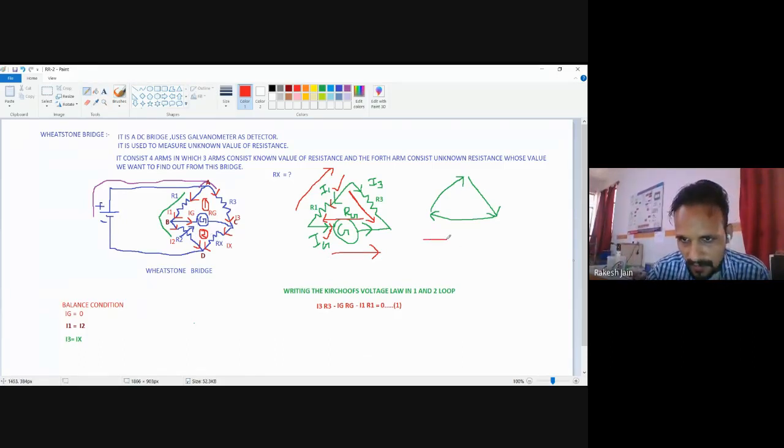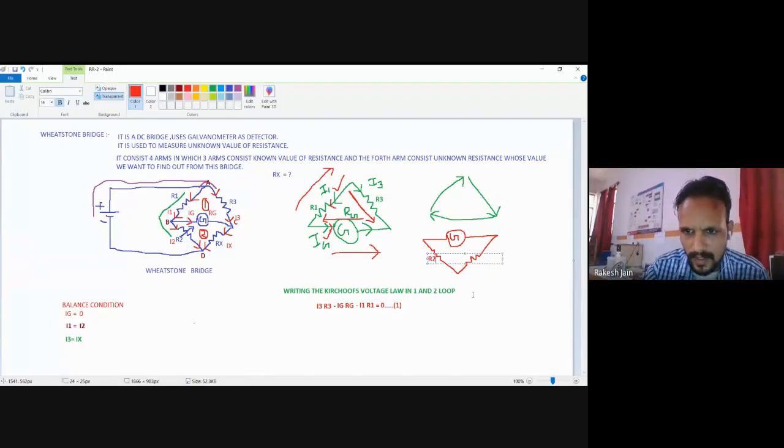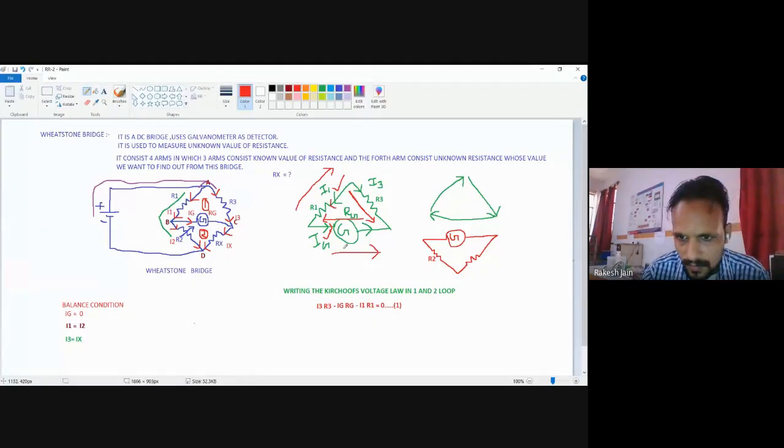A galvanometer is there. A variable resistance R2 is there, and a resistance Rx is there.